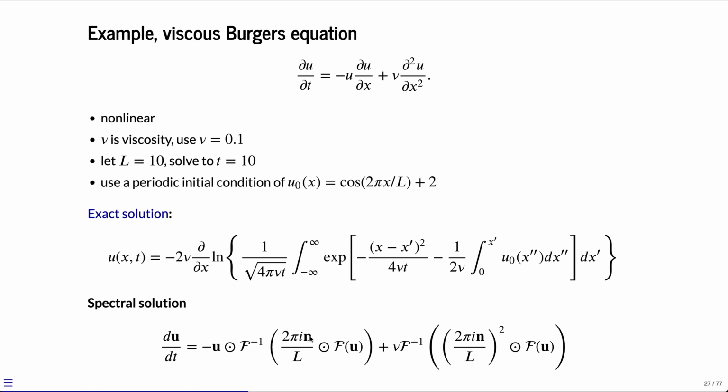And then the spectral solution is given as follows, where we have u multiplied by the derivative, plus nu, the viscosity, times the second derivative. And the difference here is you've got this thing squared. And literally the code is going to look a lot like this.